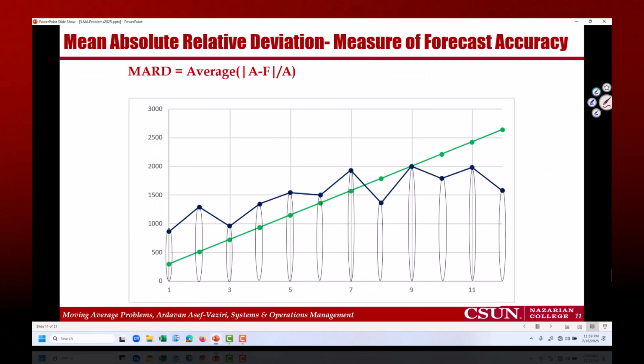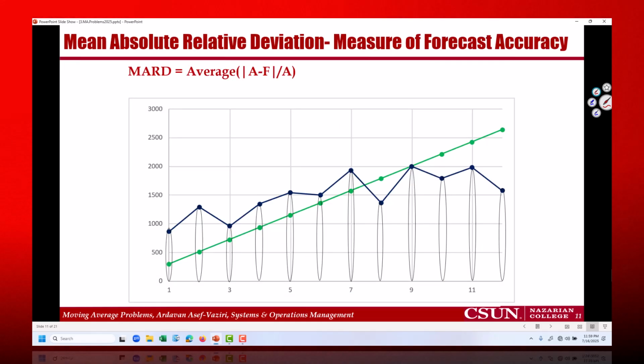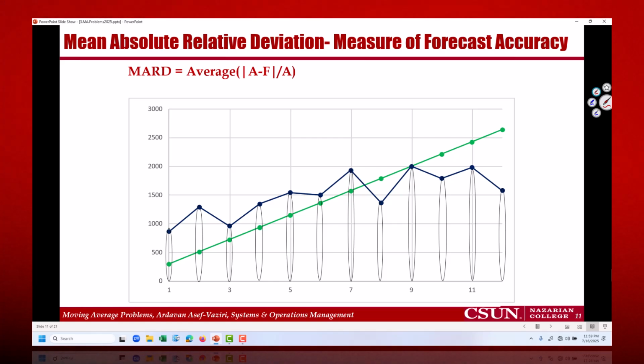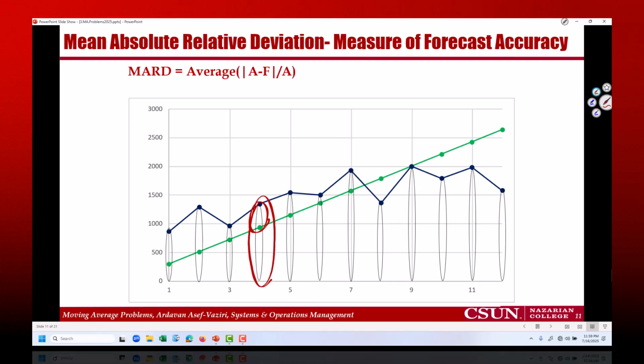This is for MAPE, or MALD, as I call it, mean absolute relative deviation, or mean absolute percentage error. It finds the gap between forecast and actual and divides it by actual.